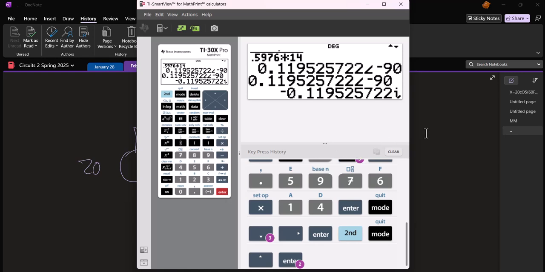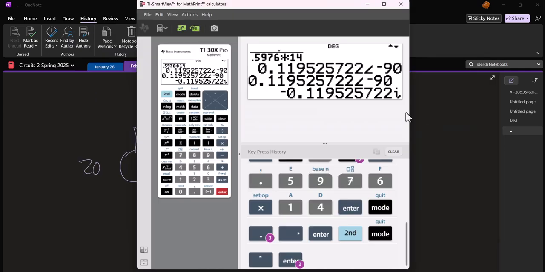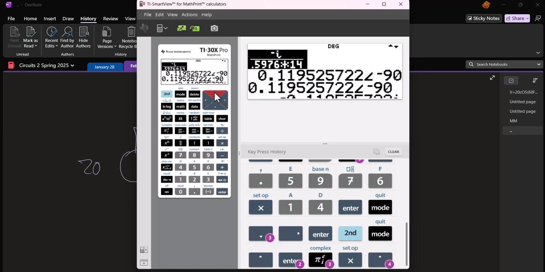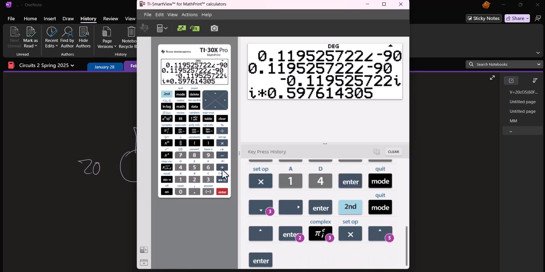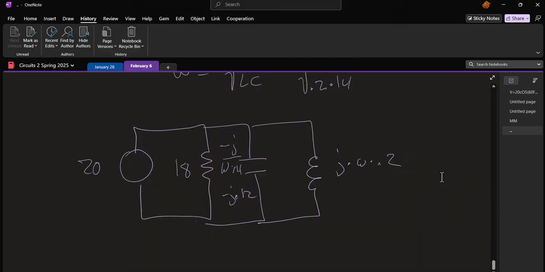And I get minus 0.12 J, or minus J 0.12. And if I take J times omega times the inductance, I get 0.12 J, at which point you say, oh, of course I do.